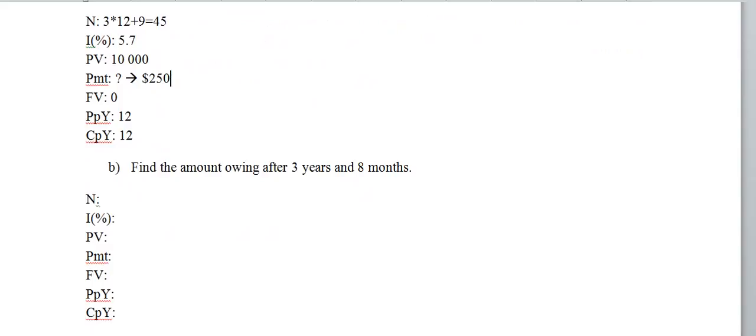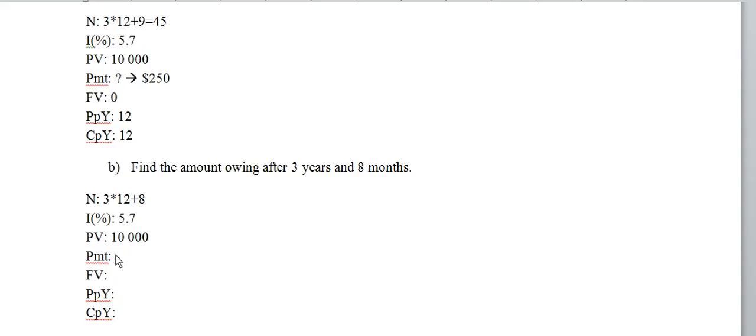Now, second part to this question, again, scaffolding means breaking it up for you to make it slightly easier. Find the amount owing after 3 years and 8 months of these $250 payments. So the only thing that's really going to change here is our N. It's now 3 times 12 plus 8, because we're only paying 8 months. The rate's still 5.7. I'm pressing tab to move between. The present value starts out at 10,000.